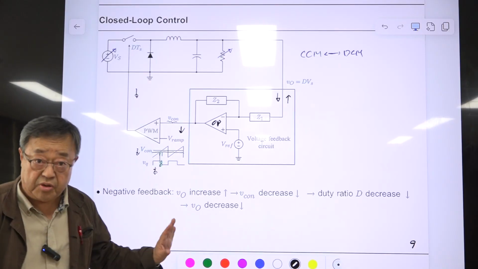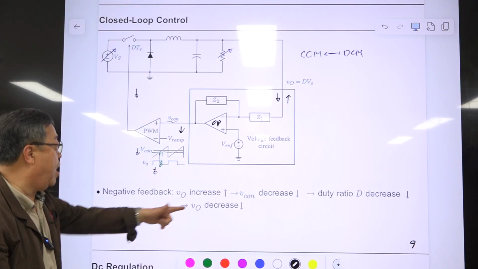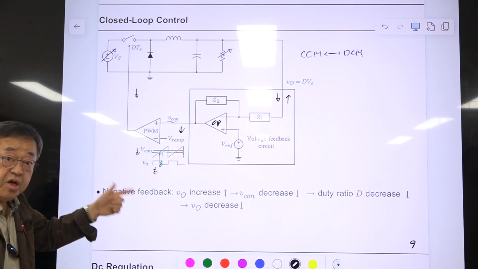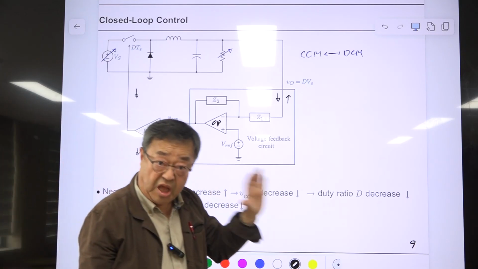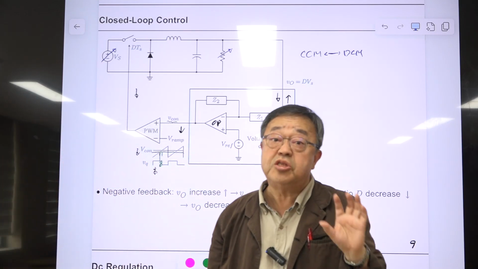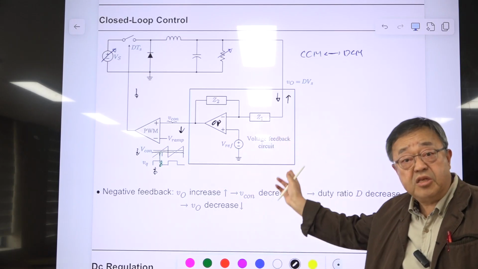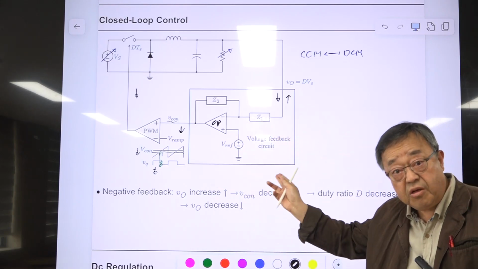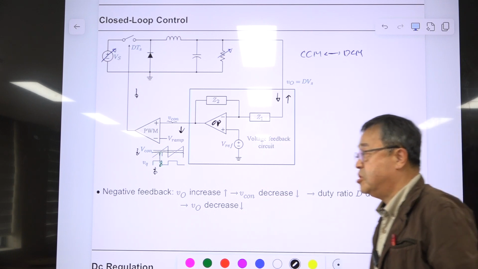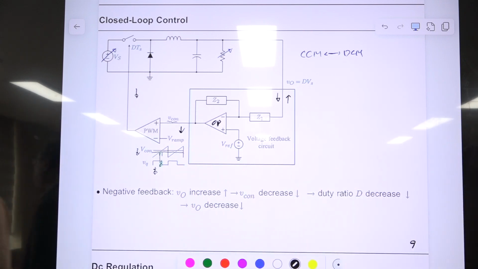That becomes unstable. Even though you have this negative feedback structure, the output can be unstable. So there is still a potential stability problem in this negative feedback structure. Another purpose is you want to make the output voltage constant in the steady state.